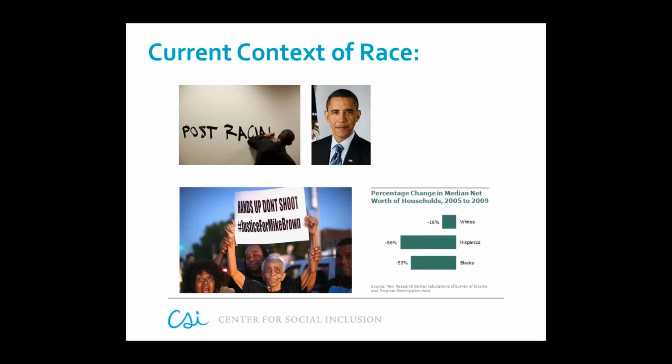Black households have experienced a 53% negative change in net worth, Hispanics a 66% negative change, and whites 16%. So this essentially shoots down the notion that post-racialism is really in effect in this society, because people are still doing differently based on their racial identity.